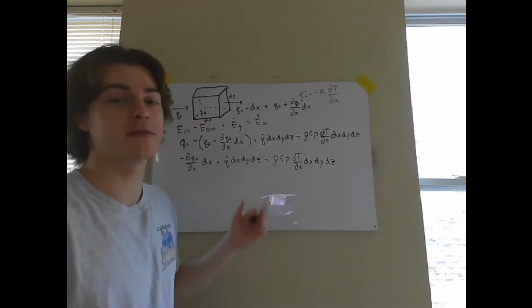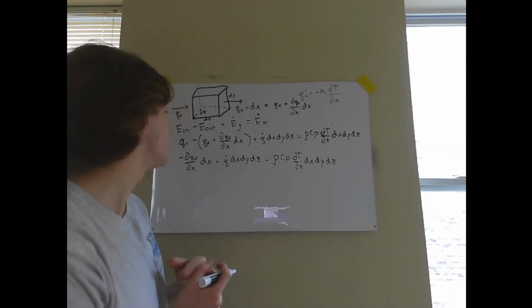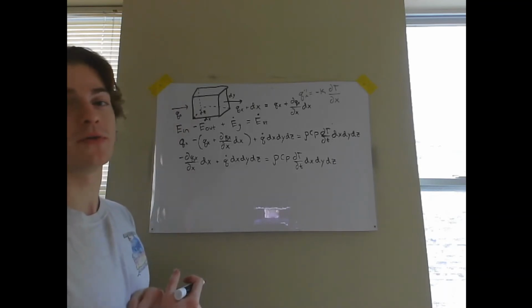Now, like I said at the beginning of the video, I have Fourier's law written up in the corner, and now we're going to go ahead and apply that to this partial derivative over here.